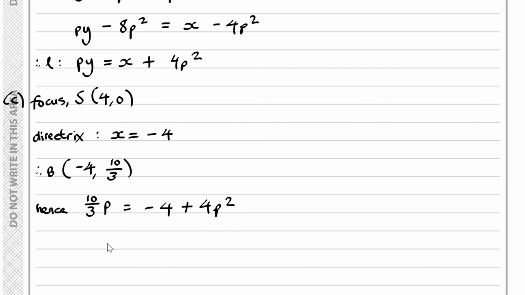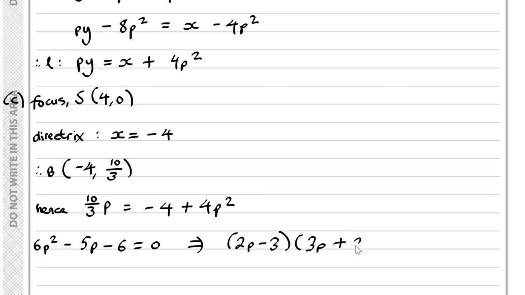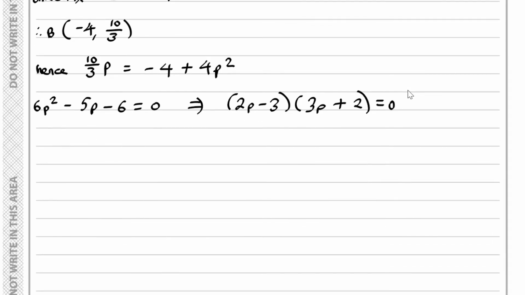If we multiply through by 3 and then divide by 2, we end up with 6p squared minus 5p minus 6 equals 0, which we can factorize. We have (2p minus 3)(3p plus 2) equals 0, which if we solve, p is equal to 3 over 2 or minus 2/3.